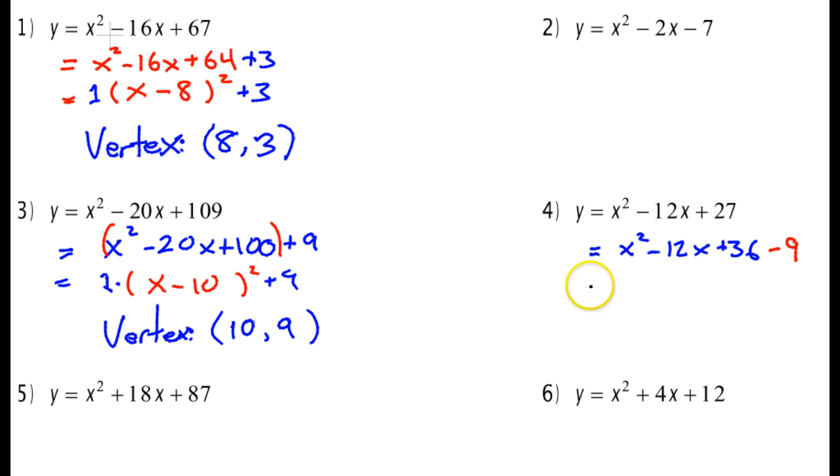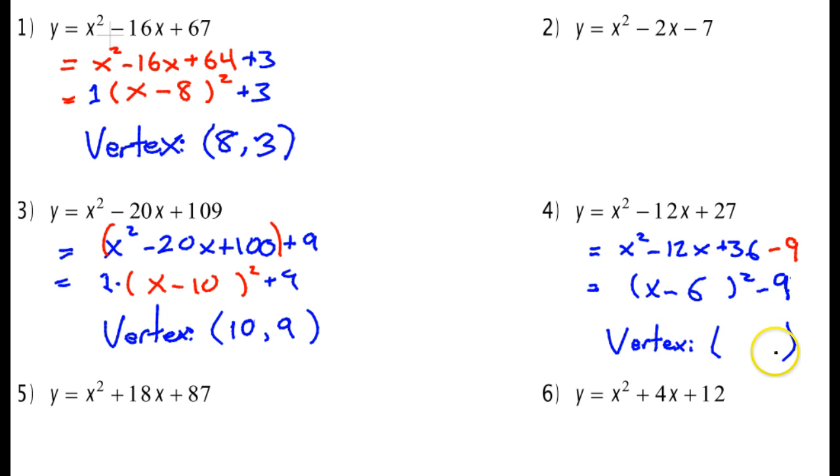So this equals x minus 6, and then minus 9. So the vertex is at 6 comma negative 9.